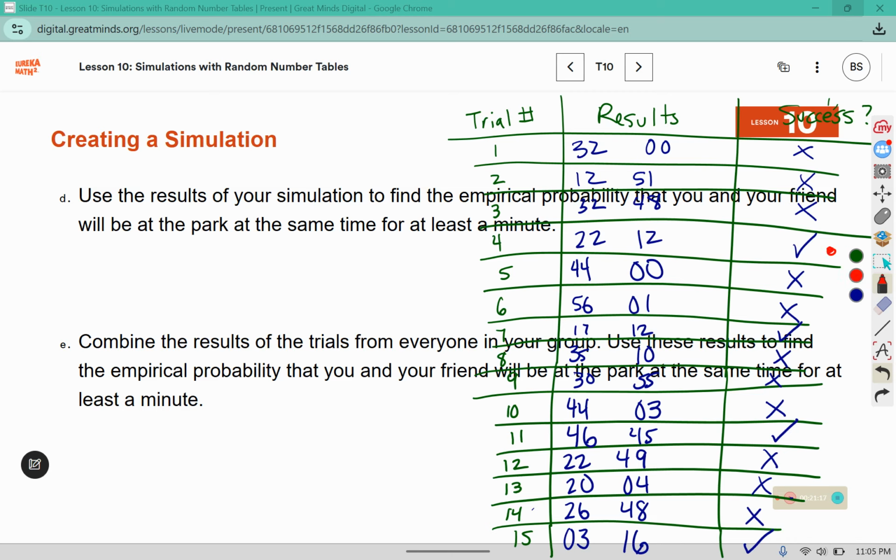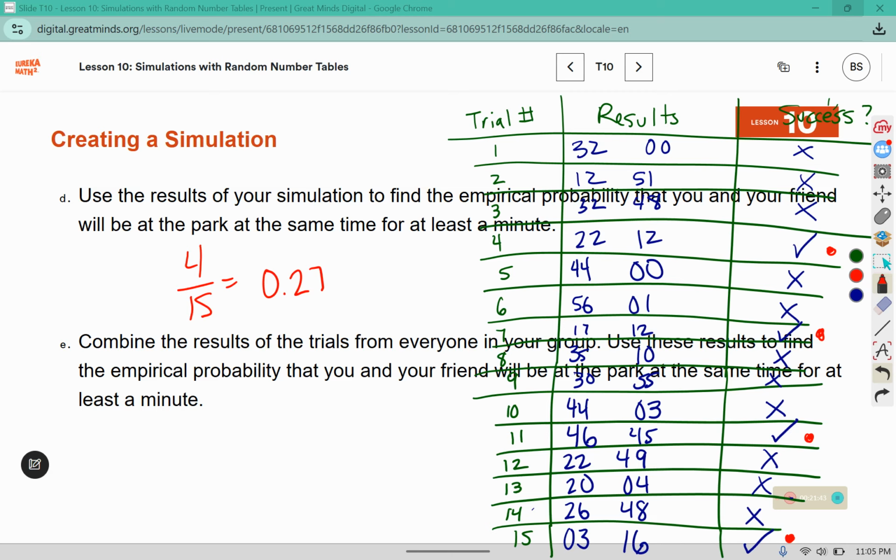I had 1, 2, 3, 4 successes out of 15. 4 divided by 15 is 0.26 repeating, so that can round up to 0.27.